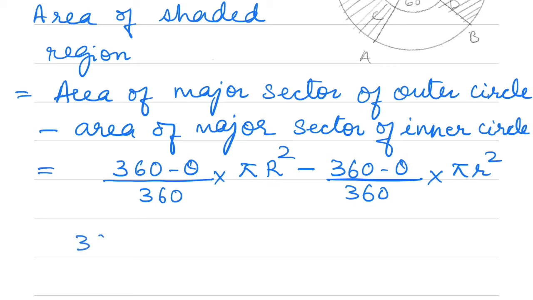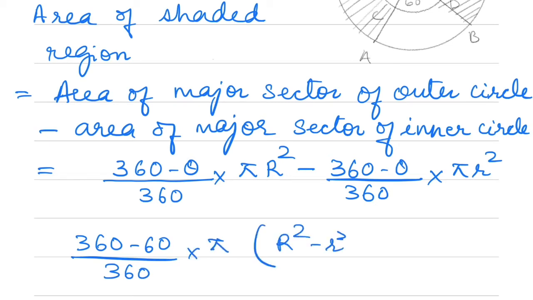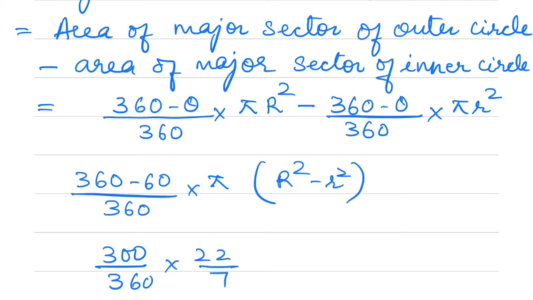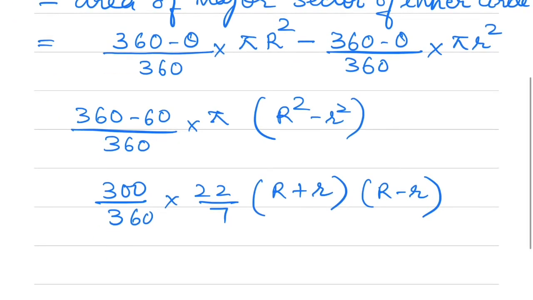So 360 minus 60, that is 300 by 360 into 22 by 7 into r square minus r square, which is r plus r into r minus r. So this gives 5 by 6.